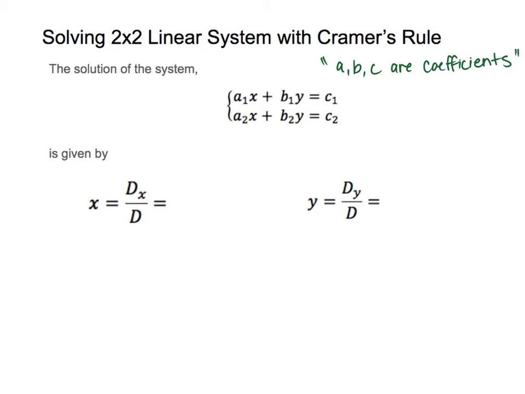So you can actually use the determinant formula to help you out. And so you'll notice here, if you want to find x or solve for x and you're given two equations, all you have to do is take the determinant of x, whatever that means, with the determinant of the system. So D, big D with no subscript, is just the determinant of the system. So here's what I mean.